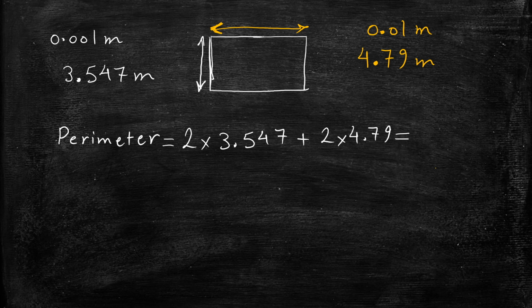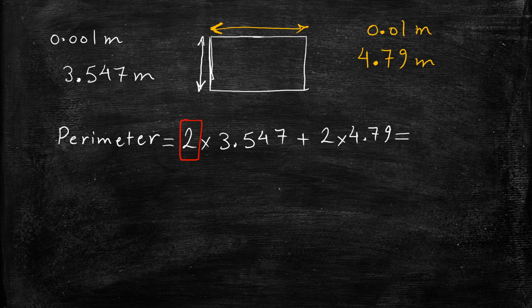Now, in these multiplications, again, this 2 is an exact number because it's part of the formula. The 2 is not coming from a measurement tool. This is just part of the actual formula to measure the perimeter. So since 2 is an exact number, we just perform that operation as usual with no change in significant figures.